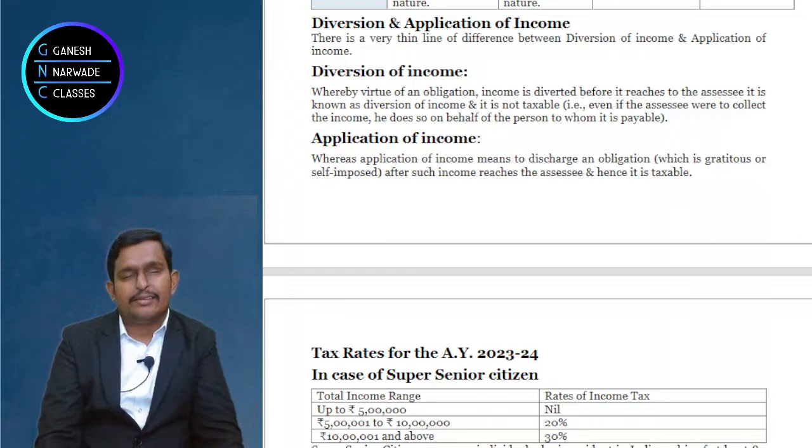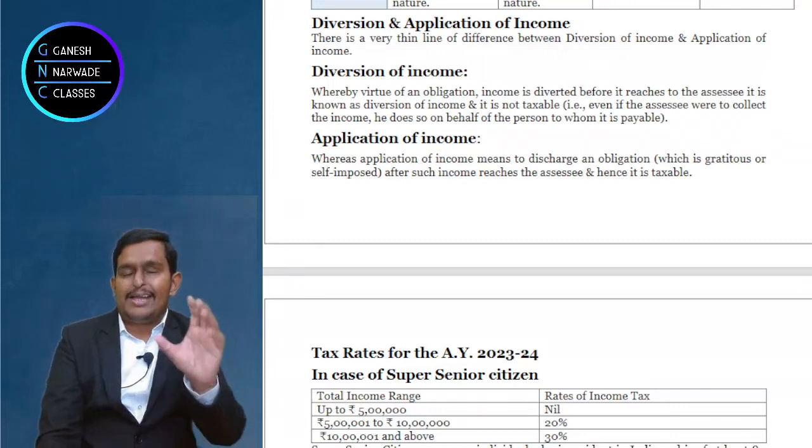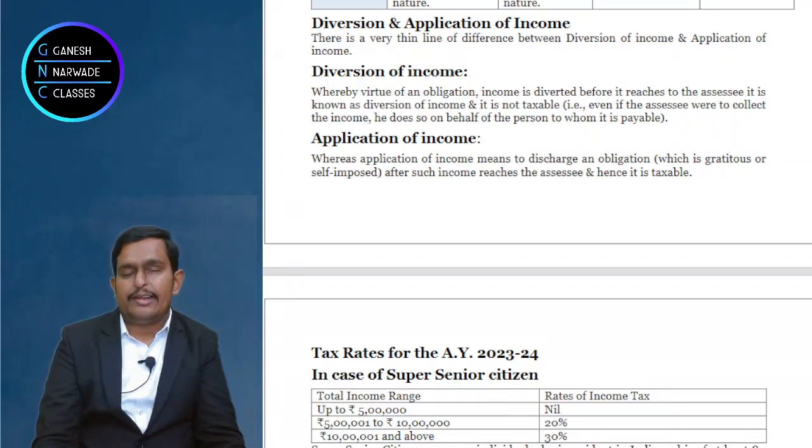The right answer is 2 lakhs rupees, because as per the deed, there was a clear agreement that part of the profit will go to the deceased partner's wife. So it went. This type of arrangement we can say is a diversion of income.